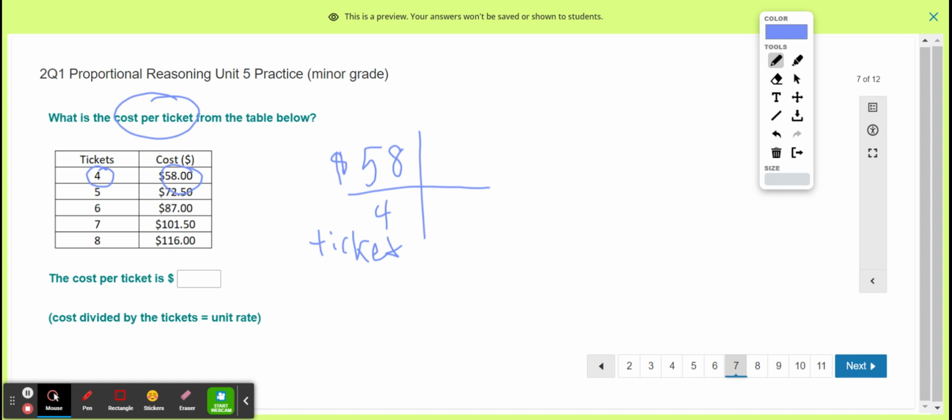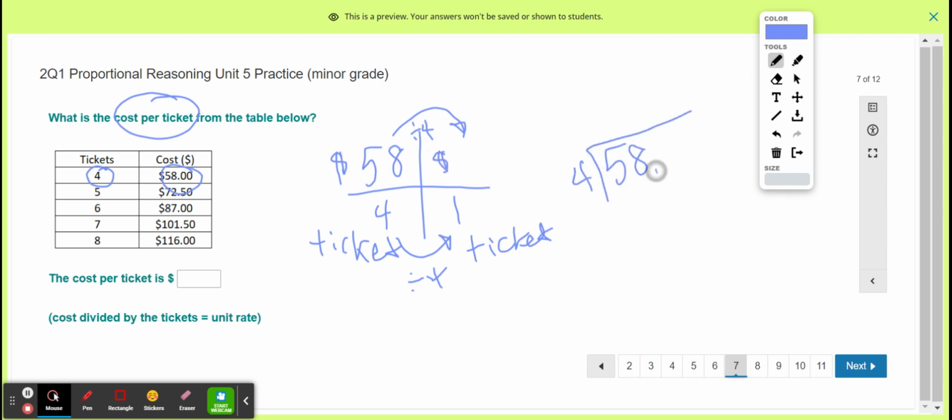So we need 4 tickets down to 1 ticket. And the proportional relationship just shows you that you're going to divide by 4 and divide by 4 to find the unit cost. So 58 divided by 4. And you may need to use a decimal in order to finish dividing this out.